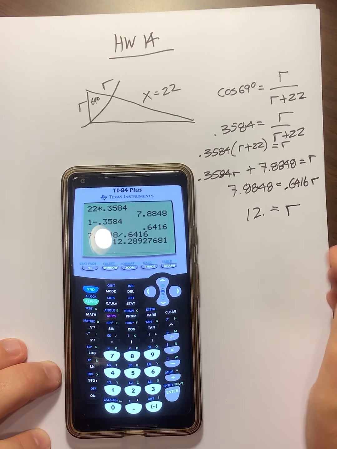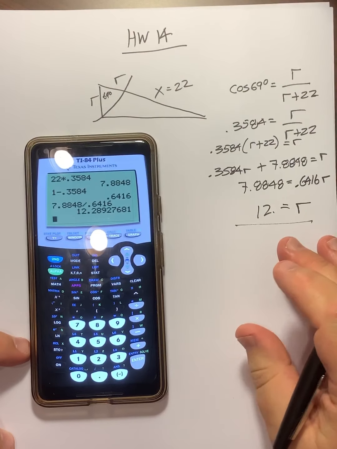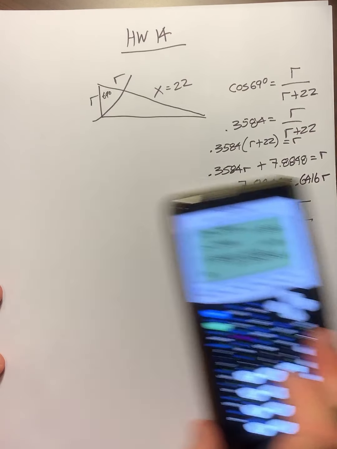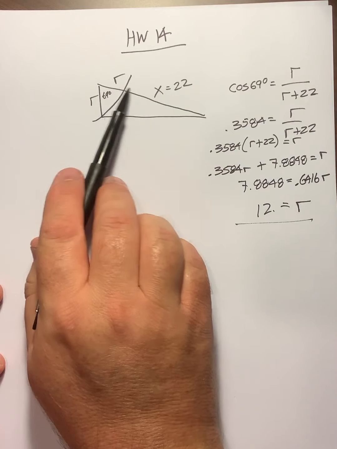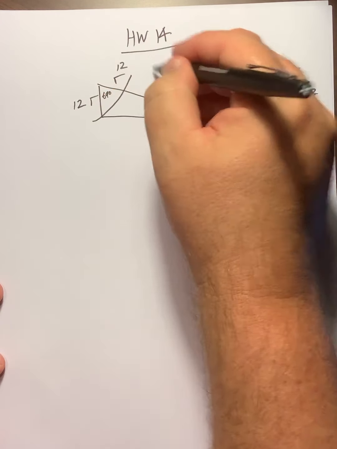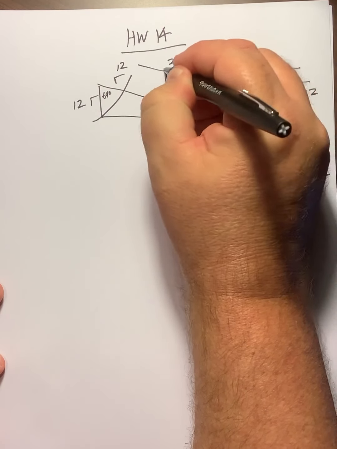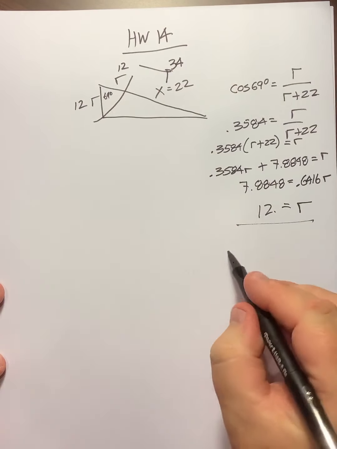So r is 12. Now, if you want to be super math student, you would check your work. So now that I know that this is 12, that means this side was 12 and this is 12, which means this whole thing over here is 34. If I put those together, it's 34. So let's check.